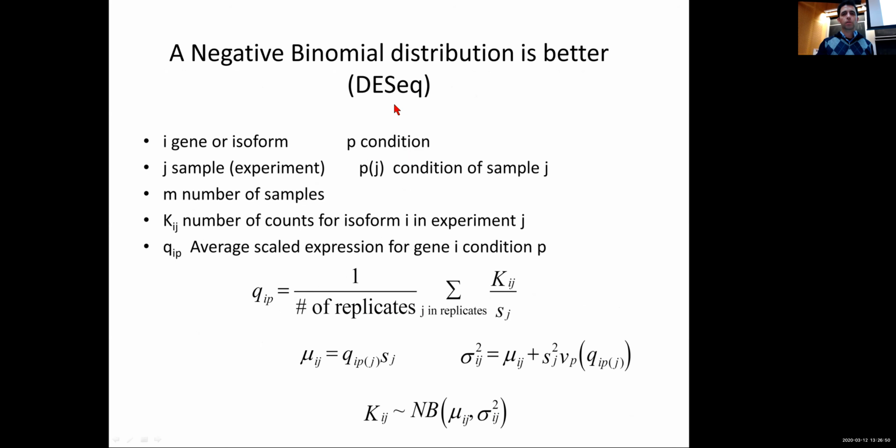So DESeq, or differential expression analysis by sequencing, is one extremely popular method that basically uses such a negative binomial distribution to test what are the genes that are actually differentially expressed between two conditions.